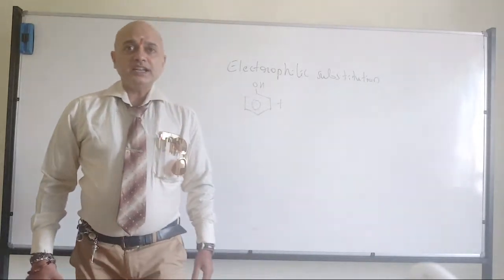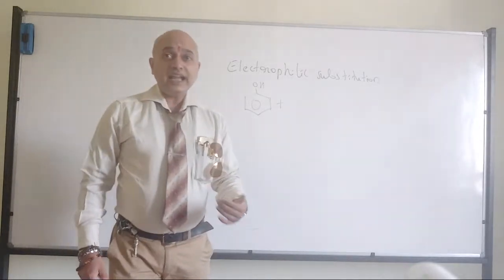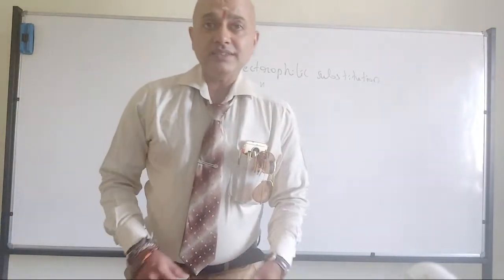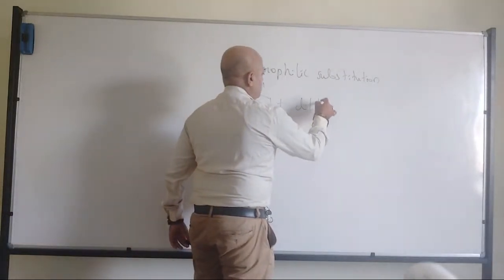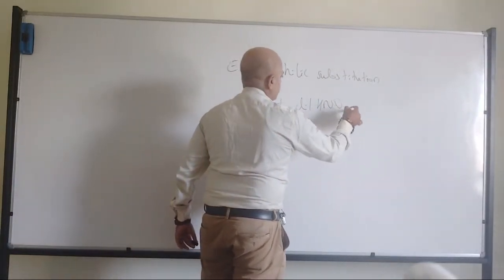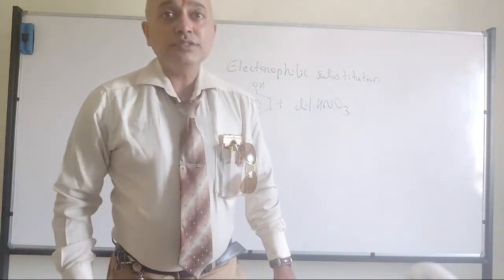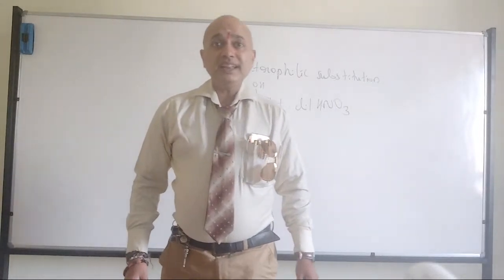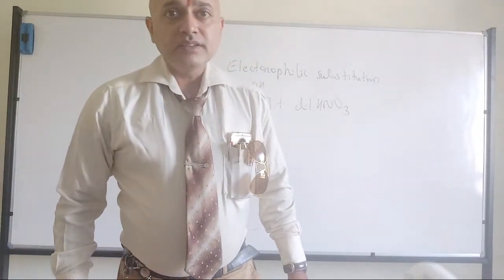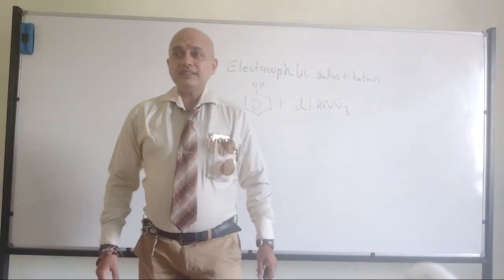What is the speciality? Here, instead of using nitric acid and sulfuric acid in combination, we will use only dilute HNO3. Right? That's where they differ with respect to nitration. In other cases it used to be nitric acid and sulfuric acid.